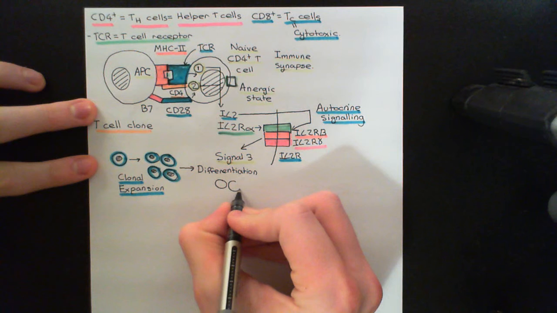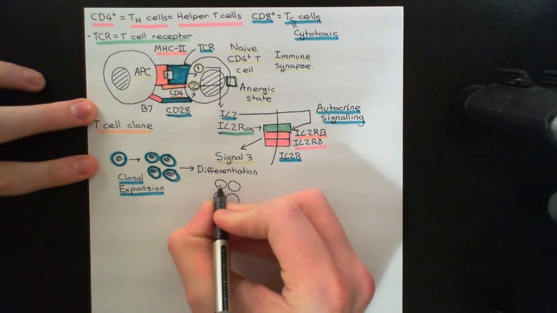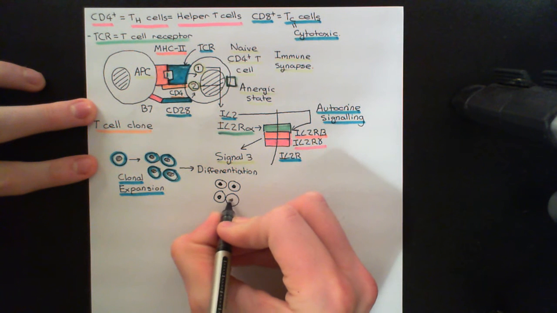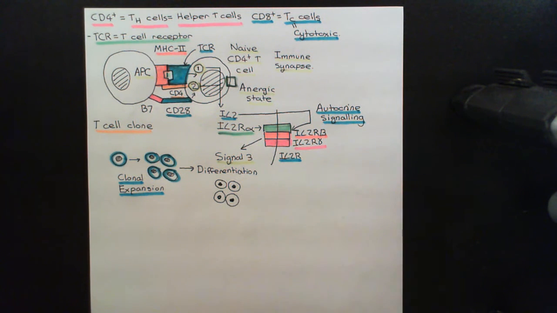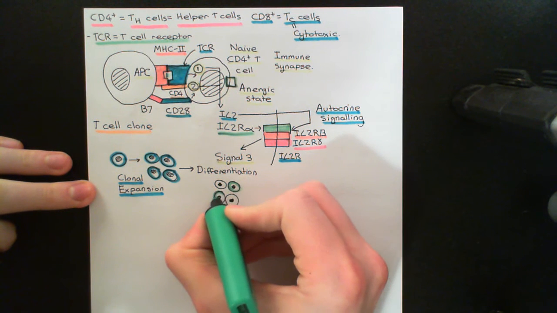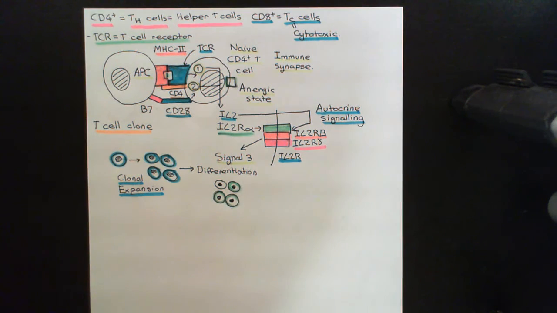So I've drawn out 4 of these cells that we produced. In reality, you'll produce a much bigger population than just 4 of them. So to illustrate the point that most of them will become effector helper T cells or effector CD4 positive T cells, I will have 3 of them becoming the effector T cells, and then I'll just have 1 of them becoming a memory T cell.